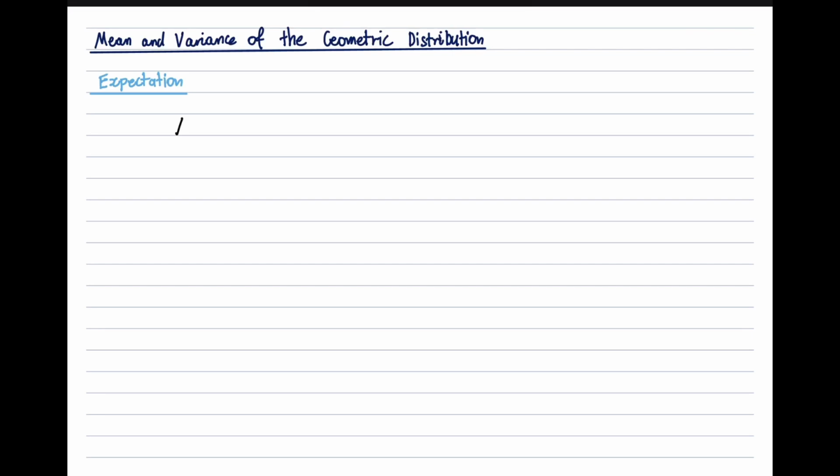So if x has a geometric distribution with parameter p, then we say the PMF, or the probability mass function of x, is given by the following. And I'm going to use this particular version of the PMF.